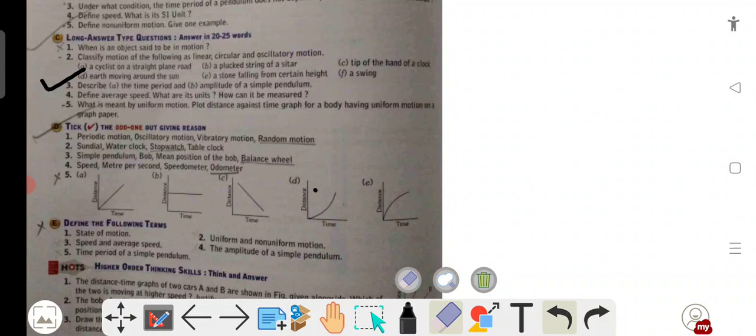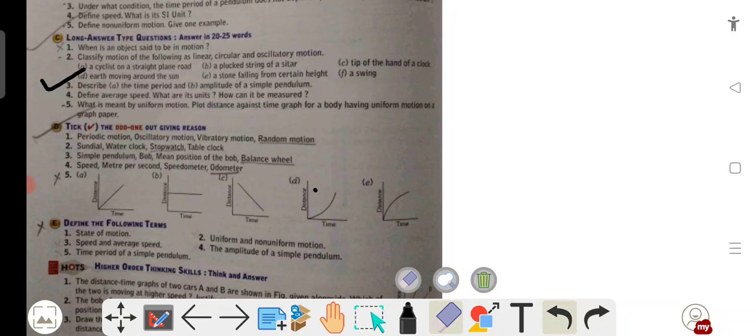And in the train, the passengers are also in a state of rest. So it depends on the fixed point or the reference point. Any object said to be in the state of rest or motion is relative to a fixed point.